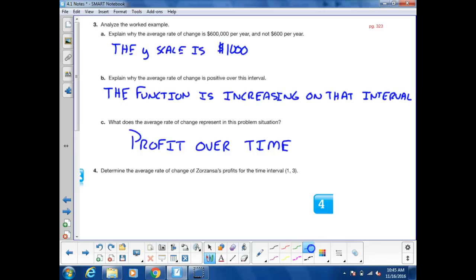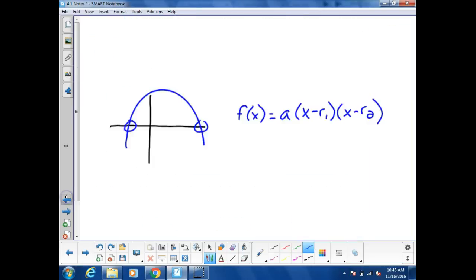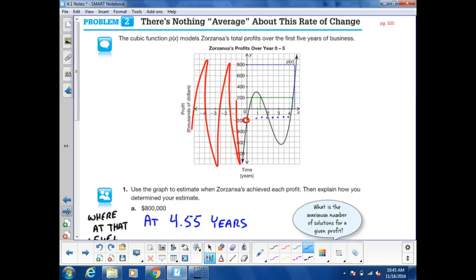Before you do that, let's take a peek at Zorzanza's profit on that time interval. Okay, so from 1 year to 3 years, what should your final answer be?